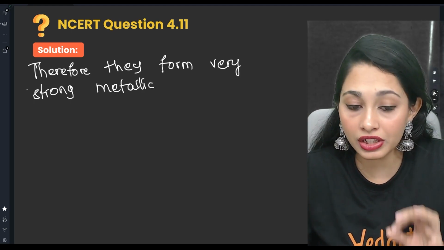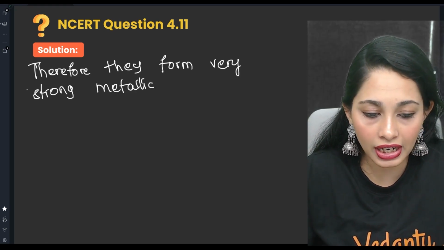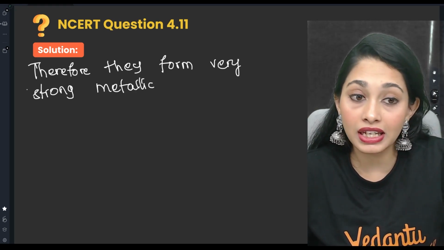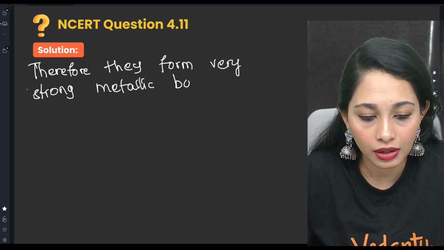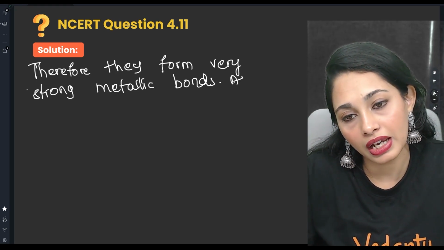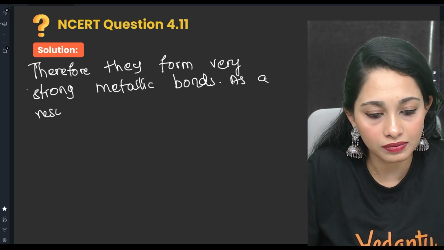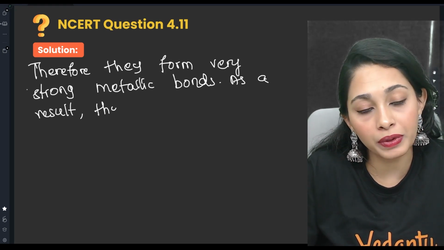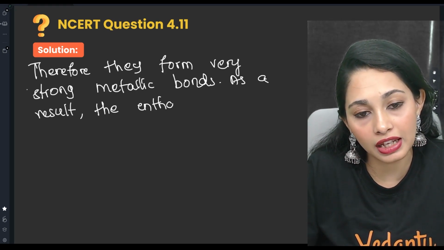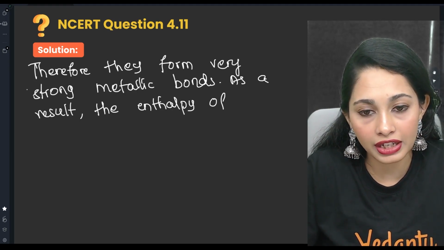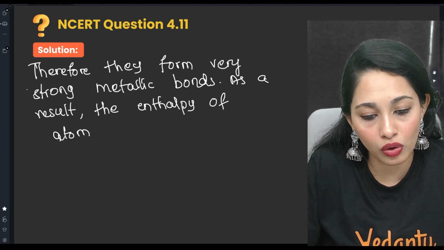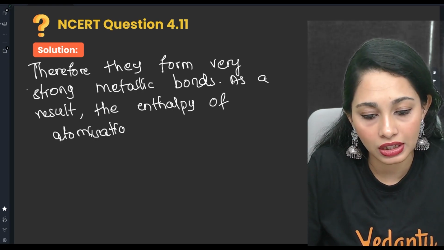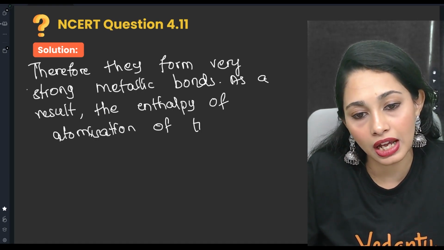Because of high effective nuclear charge and a large number of valence electrons, they form very strong metallic bonds. And as a result, the enthalpy of atomization of transition metals are high.